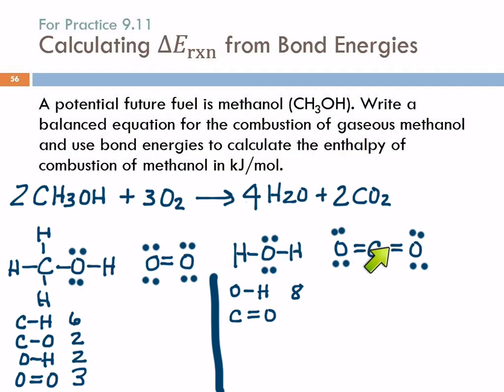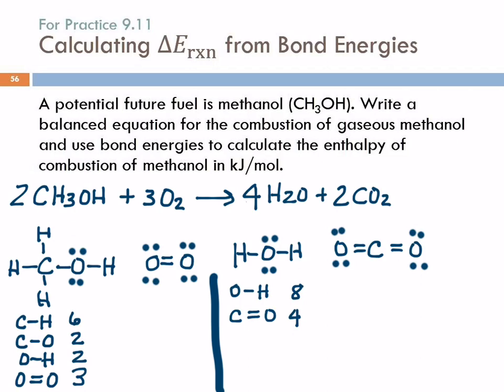And over here, I've got 2 of these bonds in each, 2 molecules, so 4 of those. Now that we've listed all this out, we can see that the only overlap is these 2 guys. And we're just going to stick with our plan and break everything and put everything back together.